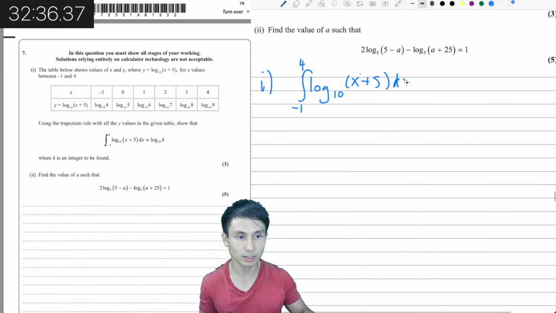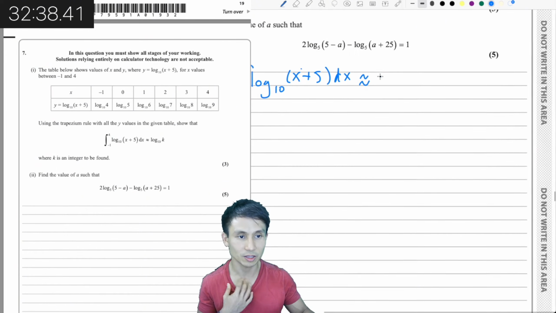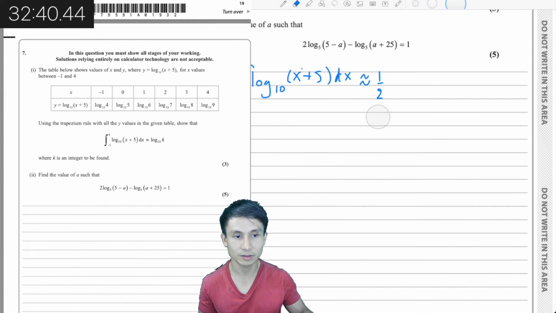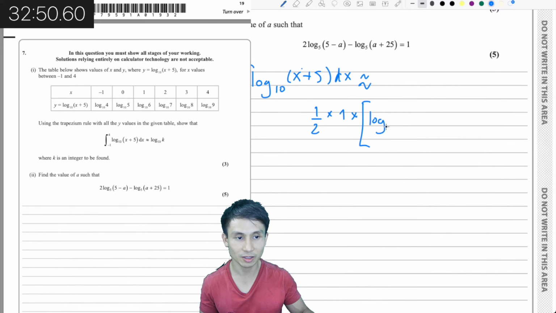Okay, so dx approximate to be 1/2. Let me just do 1/2 here, and then times the strip width, which is 1 in this case, times we add the first y and the last y together, and all others will be multiplied by 2 added up.